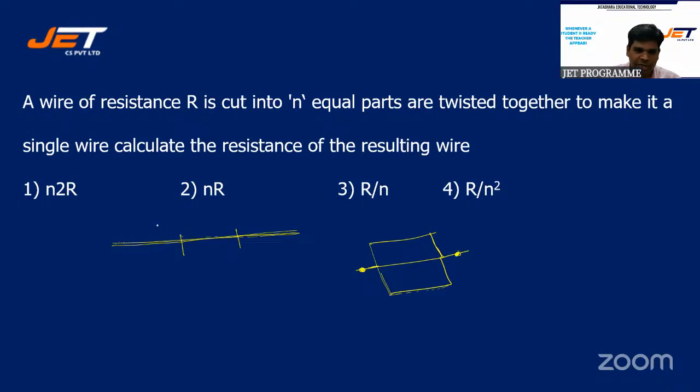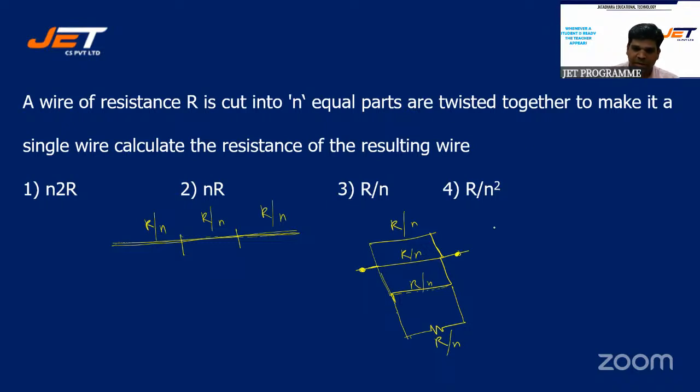Each part is R by N, R by N, R by N, and so on. What's the equivalent resistance of this parallel network? He has not given us a network, but he has described in a sentence that you have to convert it into a network and understand whether it's in series or in parallel.